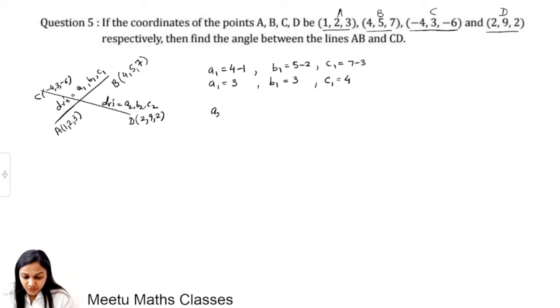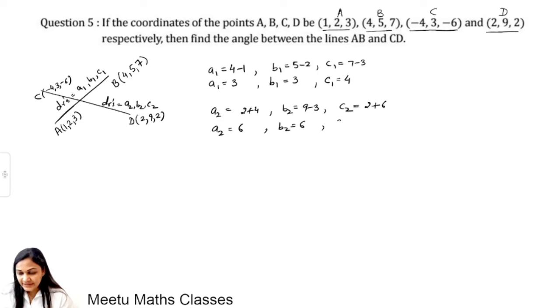So A2 is the difference of x coordinates, that is 2 minus (minus 4). B2 is 9 minus 3 and C2 is 2 minus (minus 6). So A2 is 6, B2 is 6 and C2 is 8.